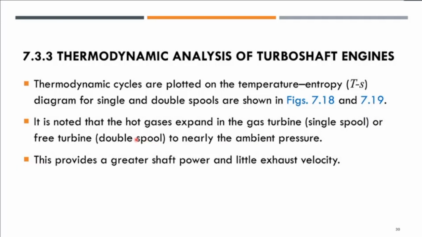So the hot gases expand nearly to the ambient pressure in both situations. This provides a greater shaft power, not producing velocity, because little exhaust velocity will be produced in both arrangements.